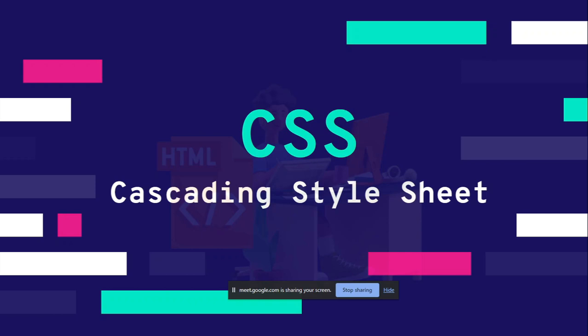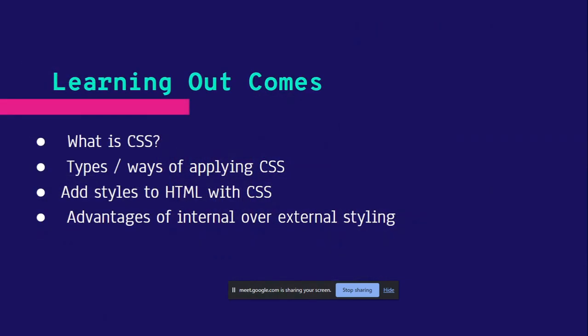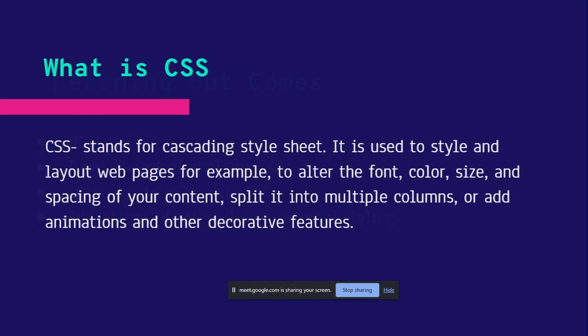It takes the images and text, but for colors, sizing, background images and background color, we need what we call CSS, or cascading style sheets. CSS is used to style and layout web pages.